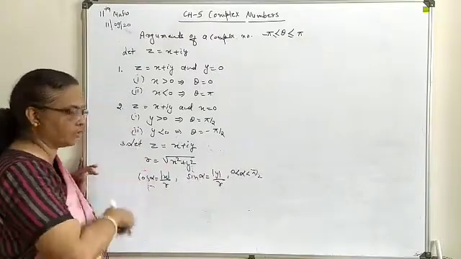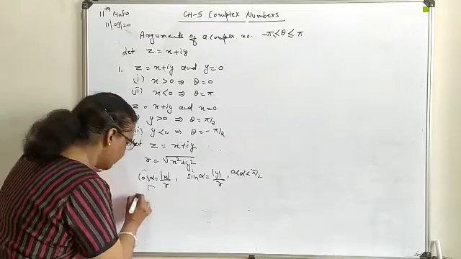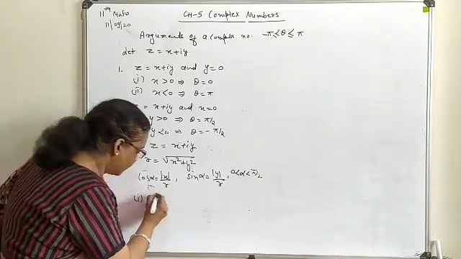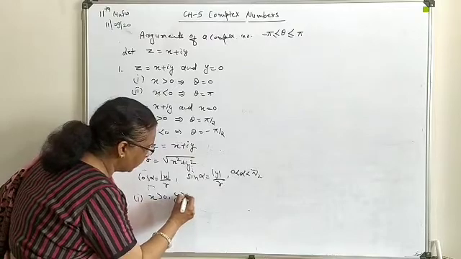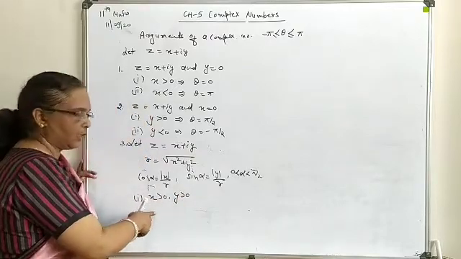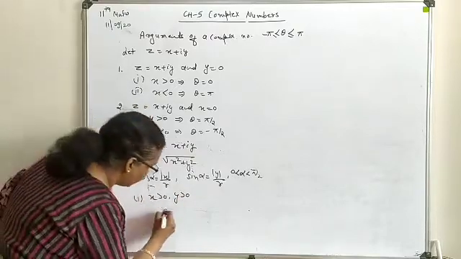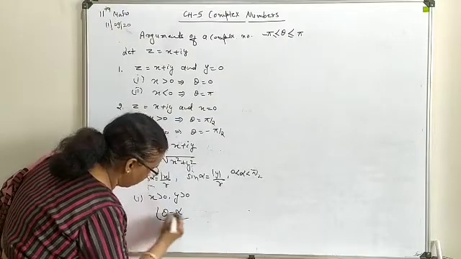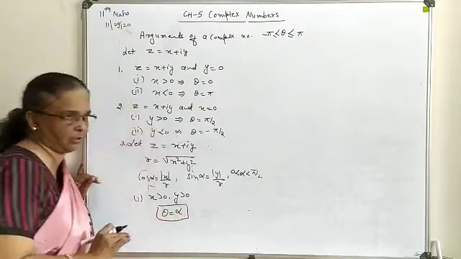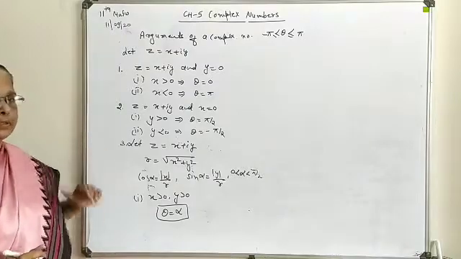Now here four situations may arise. First one is x and y both are positive quantities. So at that time theta you will write same as alpha. This is the main part of this question. How it is to be implemented will be clear to you on the basis of one example.